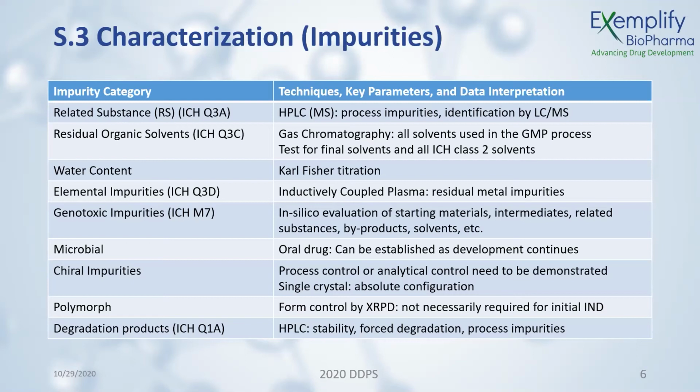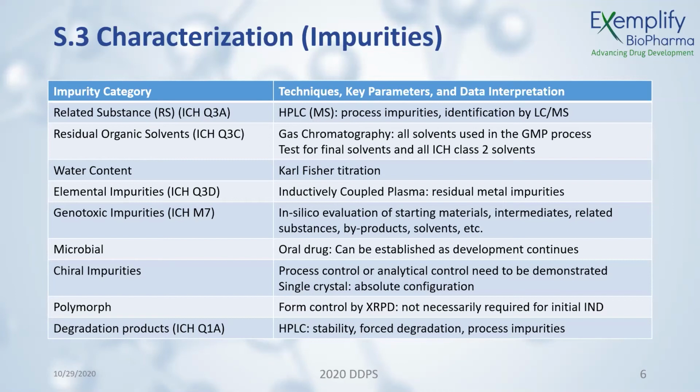And the second category is residual organic solvents, which is governed by Q3C. So in your manufacturing chapter, you do need to list all of the organic solvents used in the GMP process, especially the final solvents that contact your final drug substance, as well as all of the ICH class 2 solvents.